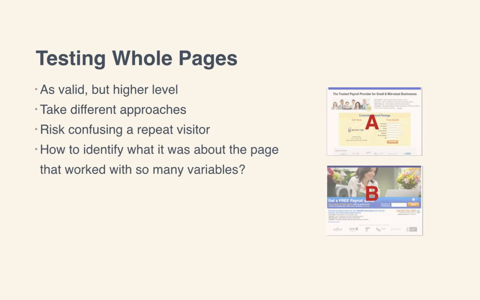You also don't really know which part of the page it was that worked. With so many variables, because you haven't done a slower iterative test, you don't know which part of that change had the impact. You don't know if it was layout, tone of voice, graphic design, whatever. You just can't tell because you've made such a radical change, and that's the problem. But you might be able to work out some of this by doing interviews or face-to-face testing, or using services such as Verify app, which is online remote testing where people video their experience and talk through what they're doing.